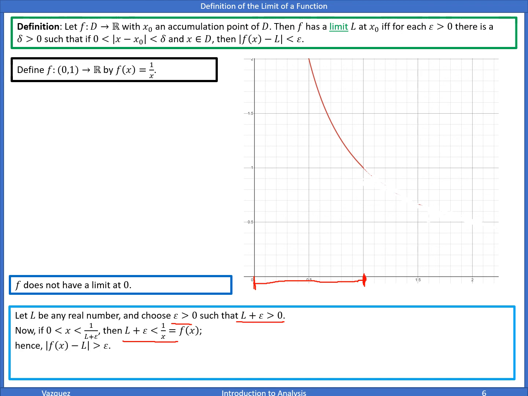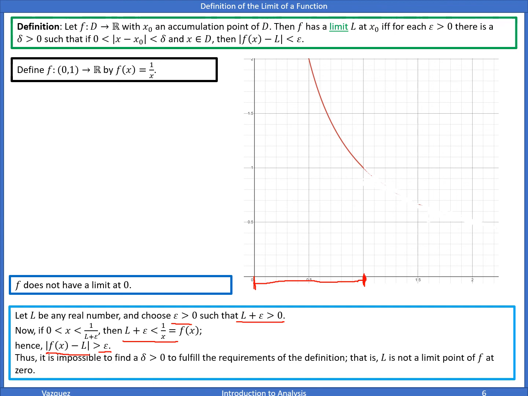Okay, well that means that f of x minus L is greater than epsilon. Why? Just do simple algebra, right? Just move L to the other side, and now it's greater than epsilon. So if that's greater than epsilon, then its absolute value is greater than epsilon. So therefore, it's impossible to find a delta to fulfill the requirements of the definition.